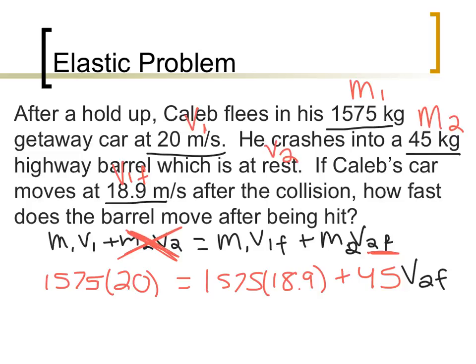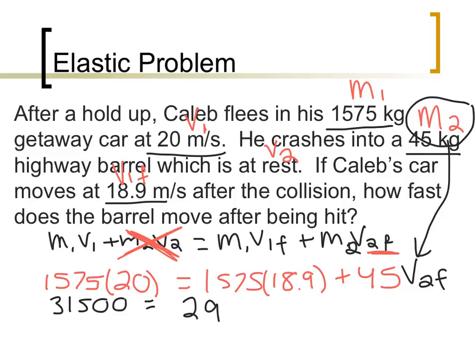As a reminder, this M2 is just for the highway barrel, and that is what we are trying to figure out for our V2F. So let's do the algebra here and make sure that you are following along and doing this with me. As I said in the previous problem, one of the biggest errors is actually just in the algebra part of it. Even though that's something that we are already good at, it's a really common error.